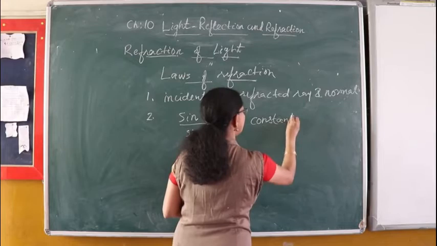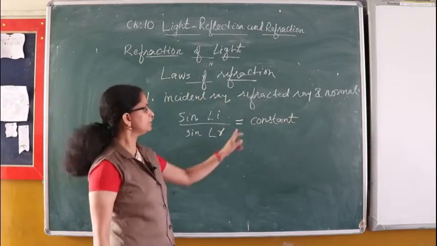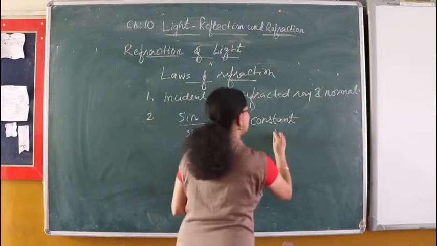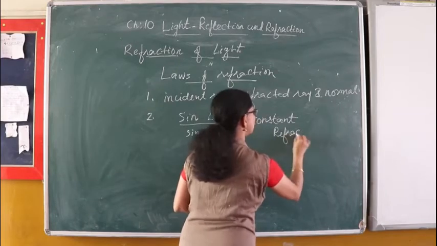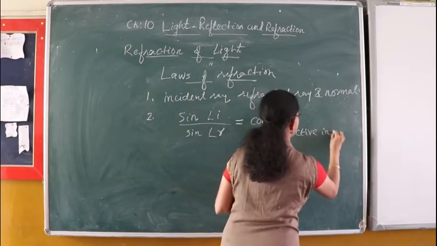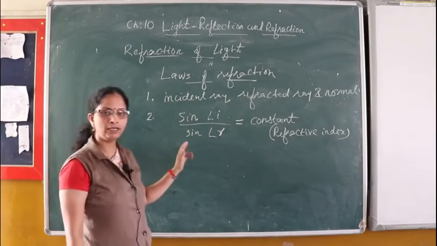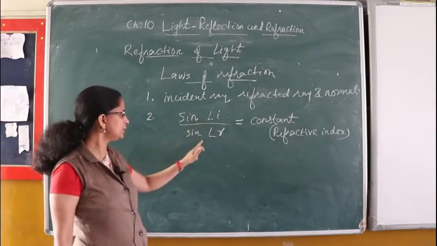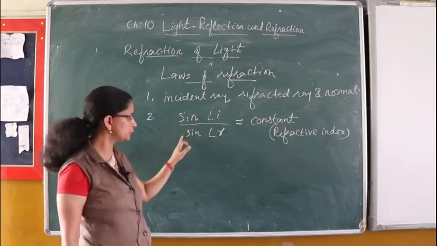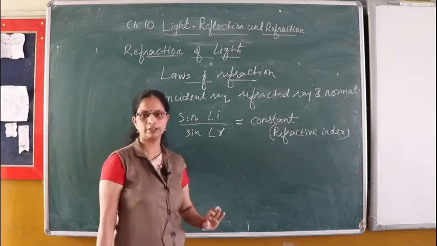That constant is known as the refractive index. So for a particular color, the ratio of sine of angle I and sine of angle R will be a constant.